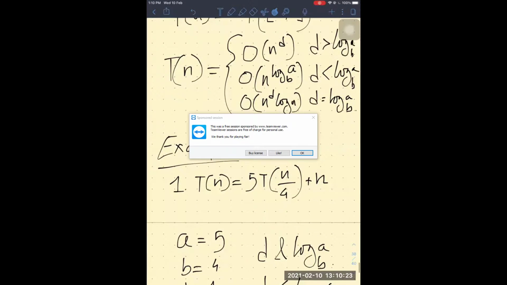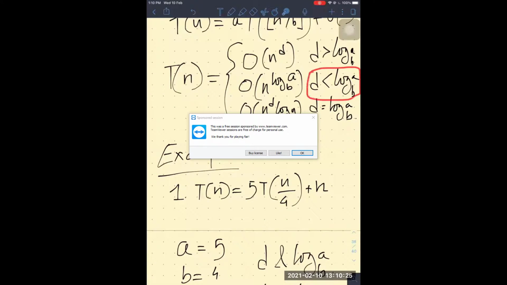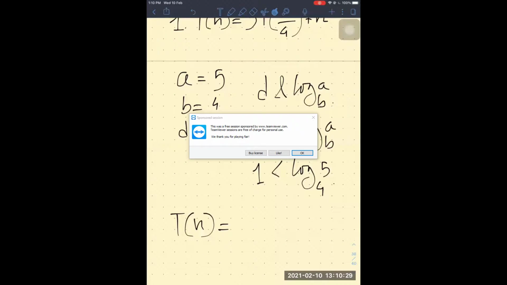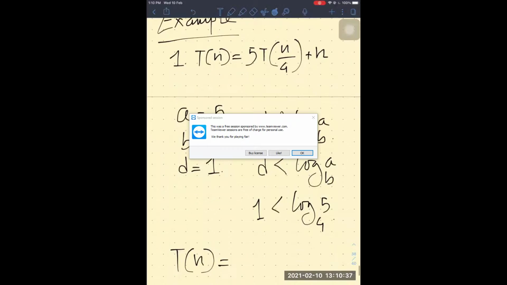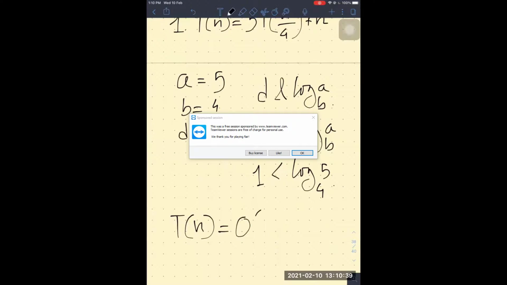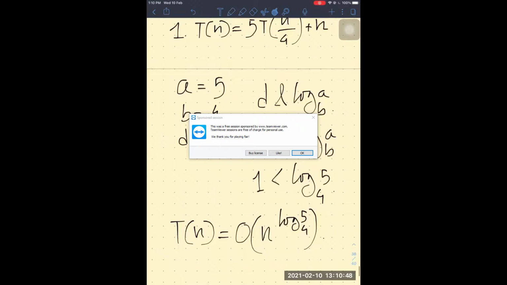So we can directly apply this case here as d is less than log a base b. So directly from Master's theorem, we can get the answer for the runtime of this algorithm, which will be big O of n to the power log a base b. Okay. So similarly, any question on this theorem?